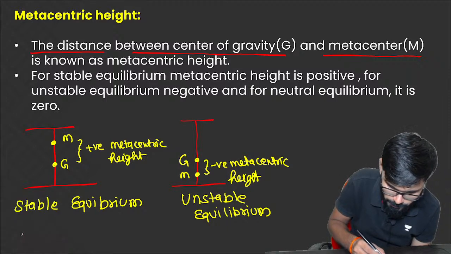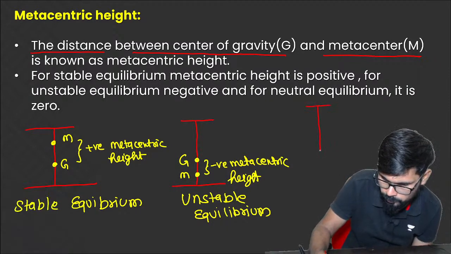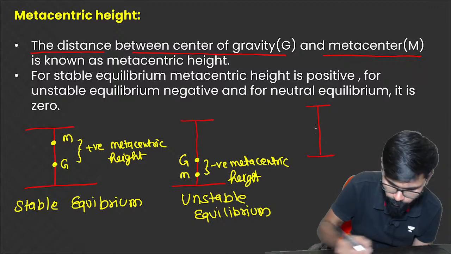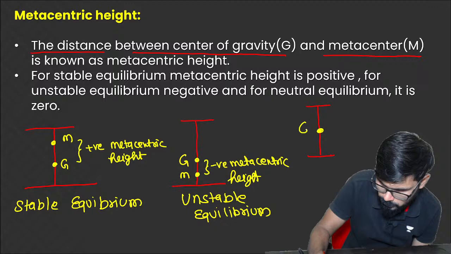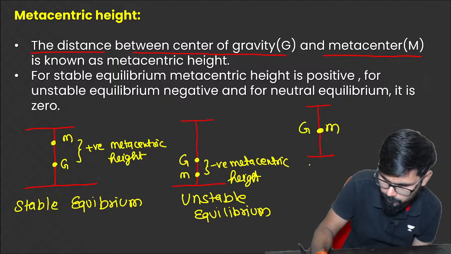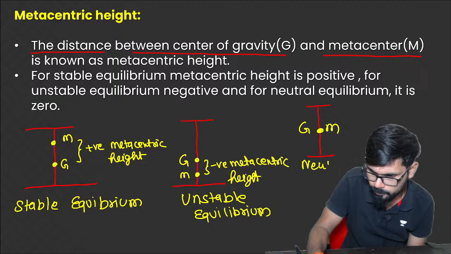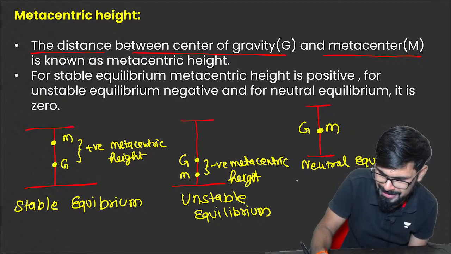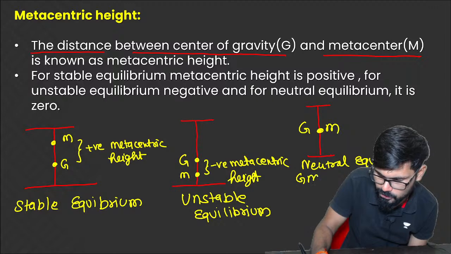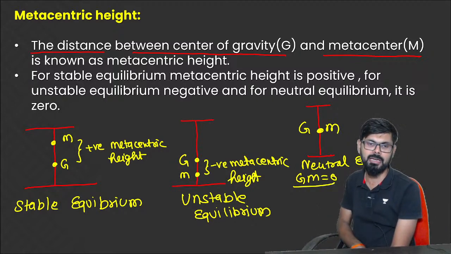Another one is where G and M are at the same point, which means it is neutral equilibrium. Metacentric height is 0, the GM value is 0.